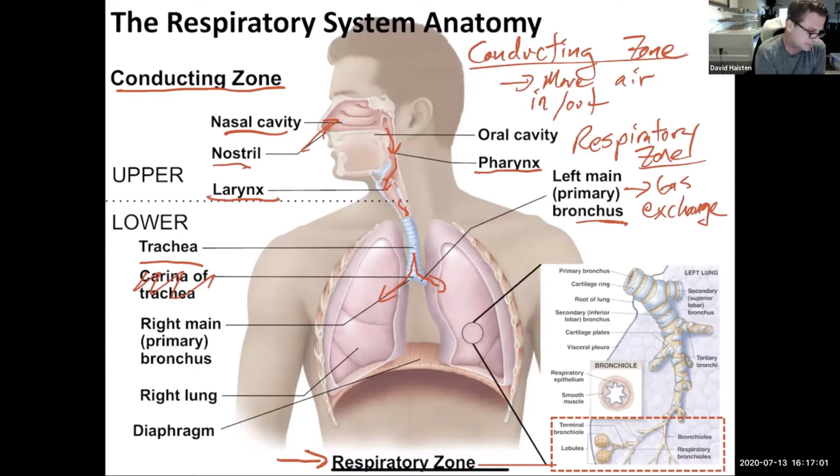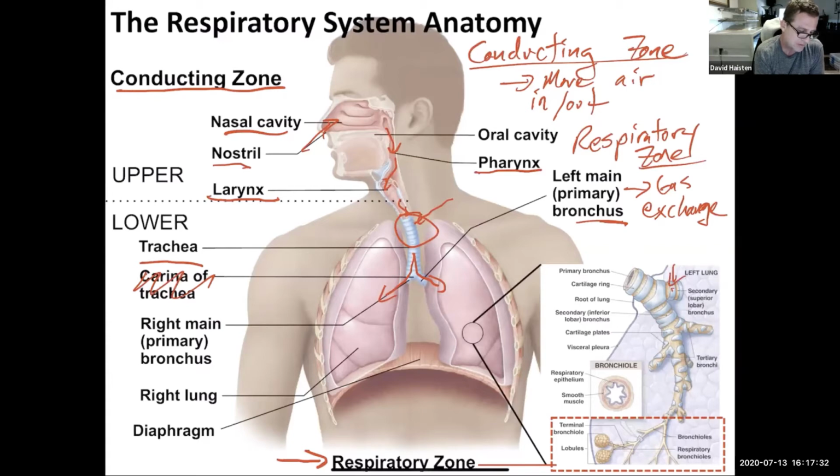Now see this blue here on the outside of your trachea? Your trachea is wrapped around by rings of hyaline cartilage. And there's hyaline cartilage that moves along with, so we have a primary bronchus, the left main bronchus. A lobar bronchus, we have hyaline cartilage again.